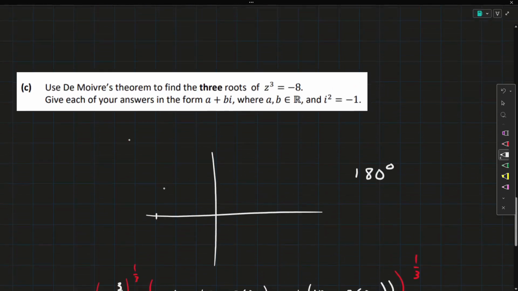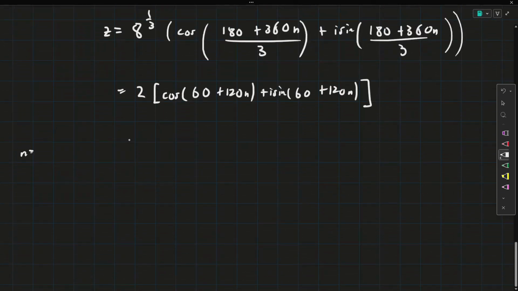We should give them in the form a plus bi, so we'll take n equals 0 as the easiest one. So one answer is 2 times cos 60 plus i sine 60.